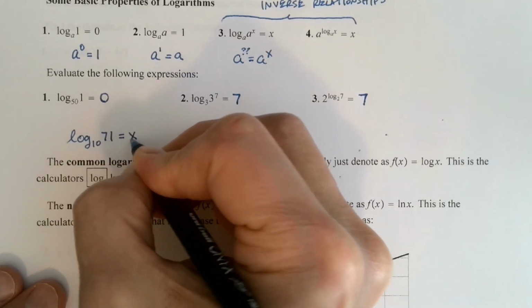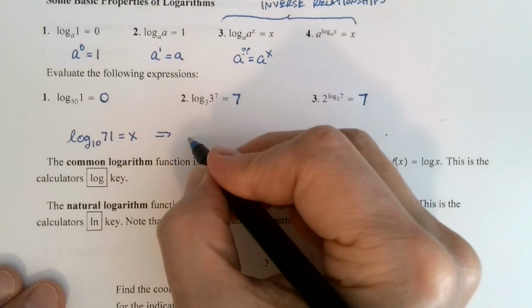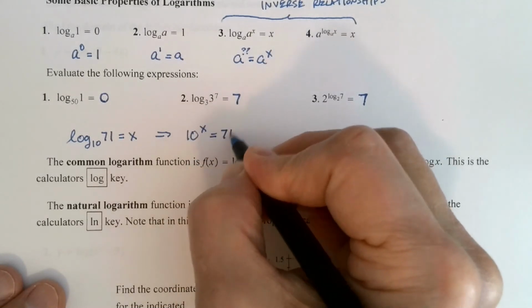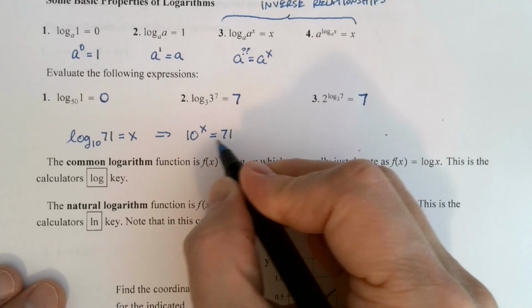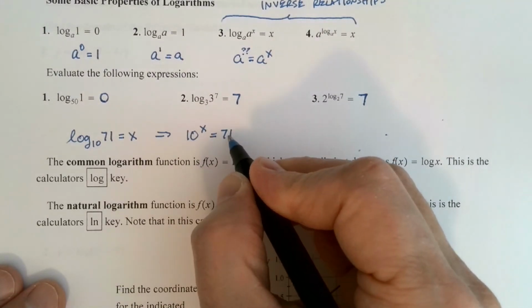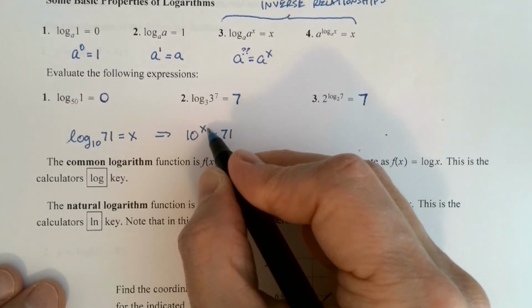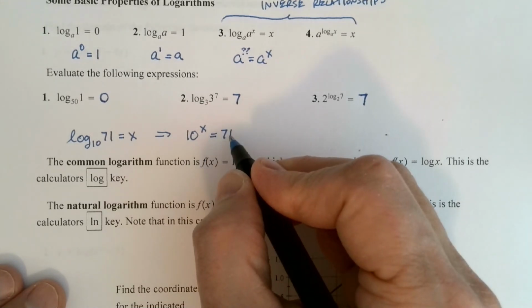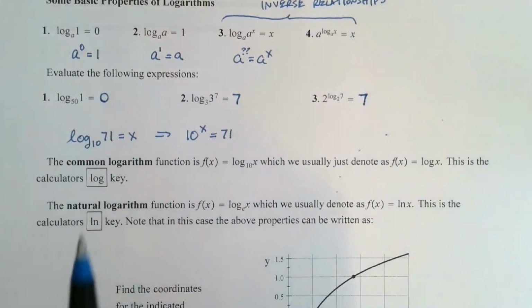What is that equal to? Say x. Well, then that means 10 to the x power is 71. Now I know 10 to the first power is 10, 10 squared is 100. So the number here must be between 1 and 2, but I don't know what it is. What's the power of 10 to get 71? I don't know.